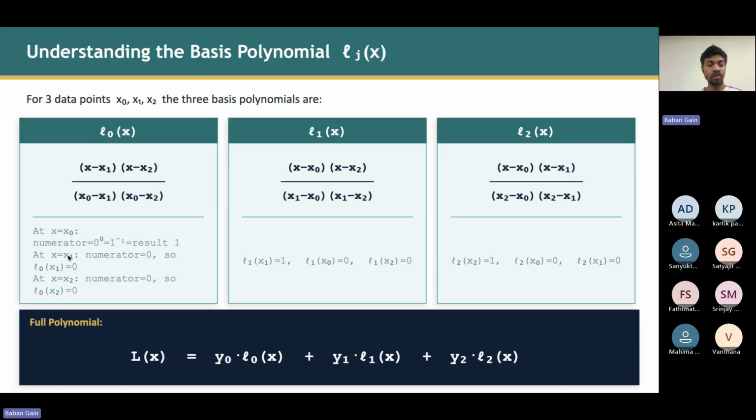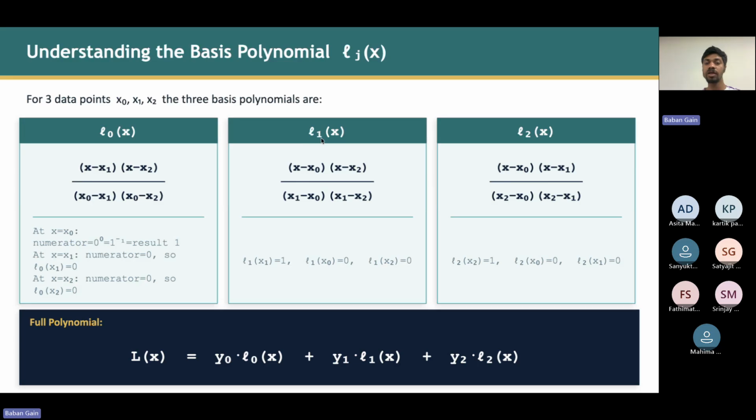So firstly, if you give anything other than X0 at L0, then that value will be 0. But if you give the value of X0 at L0, then it will be 1. And same for others.